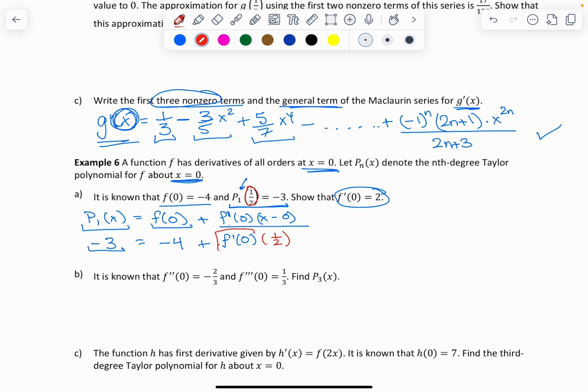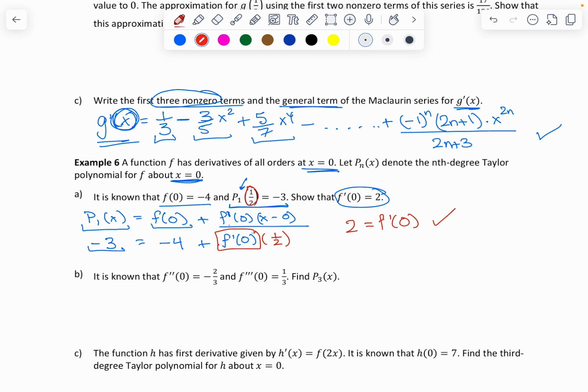So now we're just going to solve for f prime of 0. First we're going to add 4, right? And then multiply by 2. So we add 4, that's going to be positive 1 multiplied by 2. Well, that gives us 2 is equal to f prime of 0. So we just showed that f prime of 0 is equal to 2 given the information that we have.